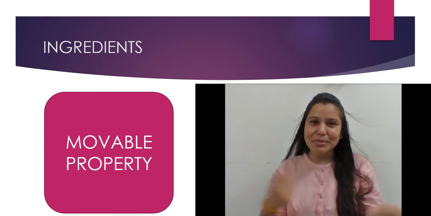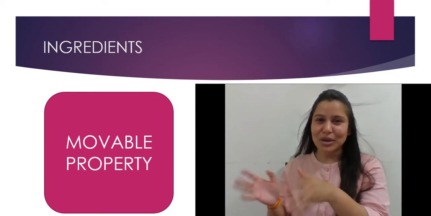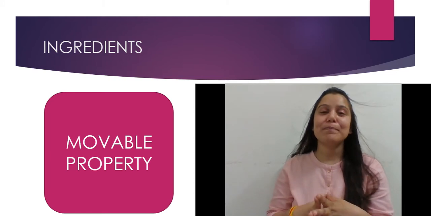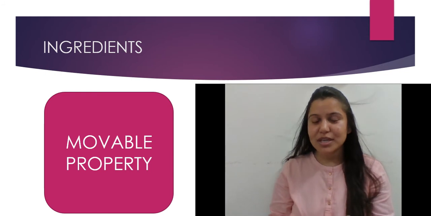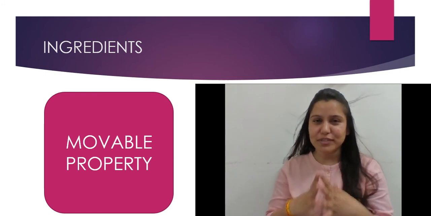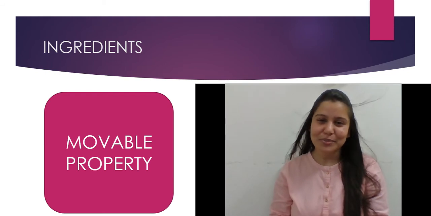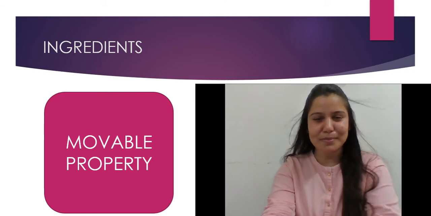You cannot take somebody's house and keep it and hide it somewhere without somebody's consent, right? So theft cannot be committed against immovable property. The subject matter of theft has to be movable property, right? Very simple to understand. This was simple in nature.